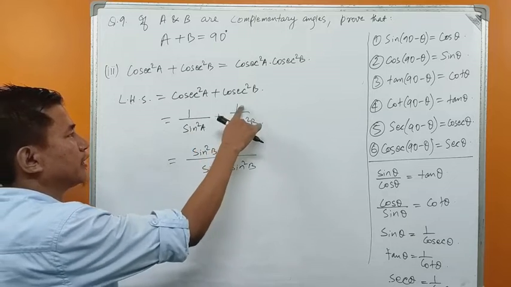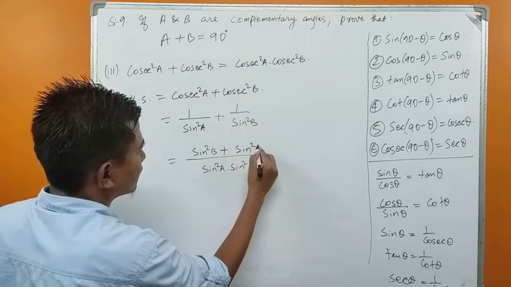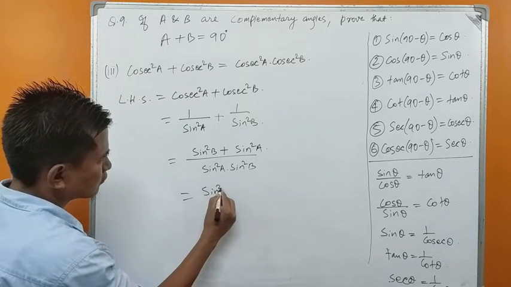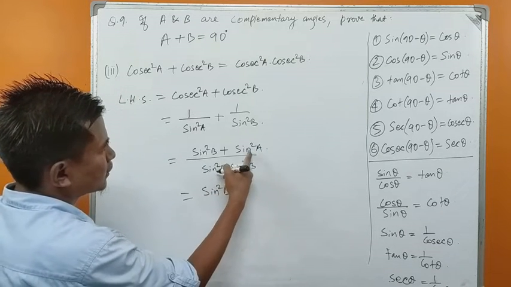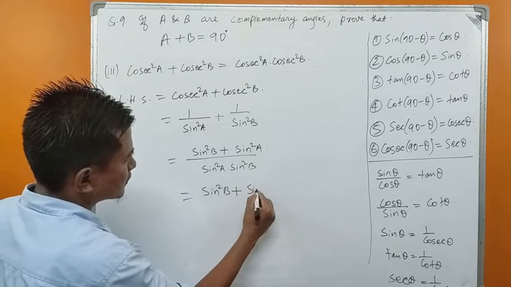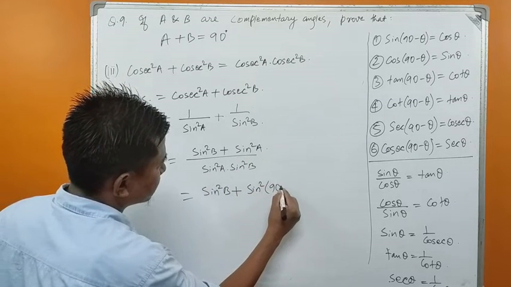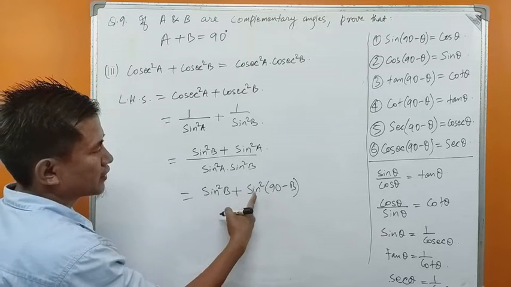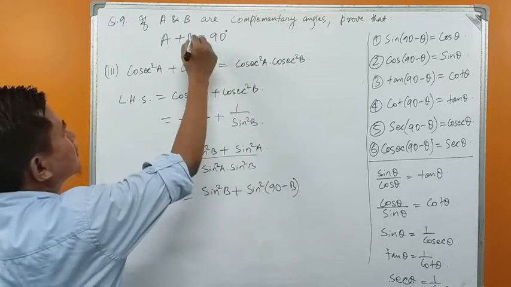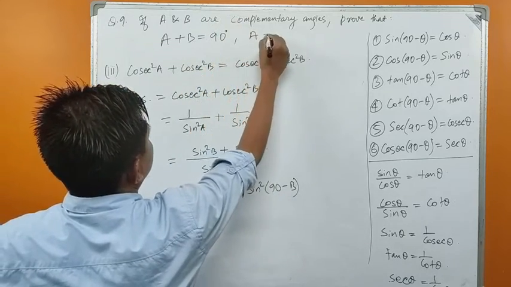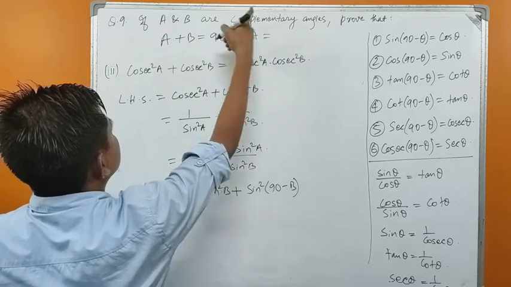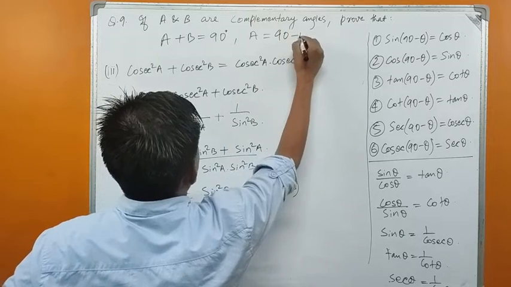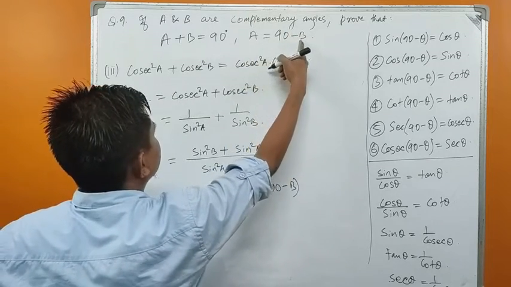So sin square A into 1 gives sin square A. Now we copy the sin square B as it is, sin square B plus sin square A, which means sin square 90 minus B. I am trying to make the angle same, because A equals 90 minus B. Let us take this plus B to the right hand side; 90 is already on the right hand side, so plus B goes to the right and becomes minus B. A equals 90 minus B.